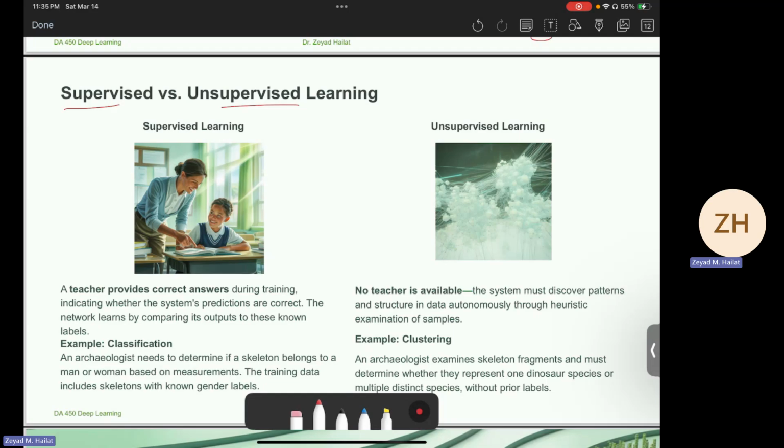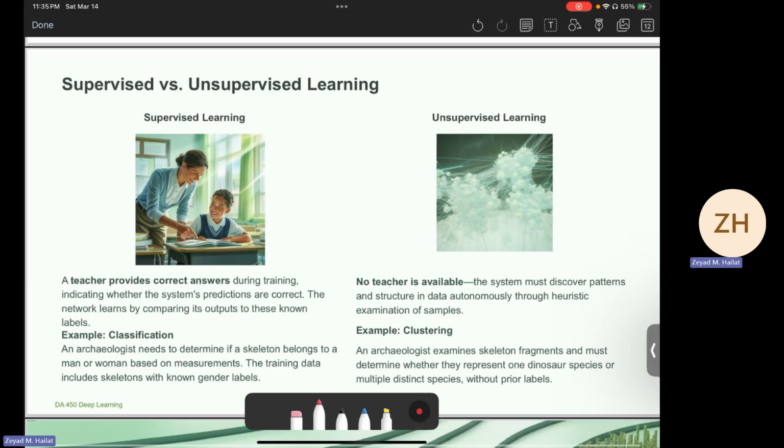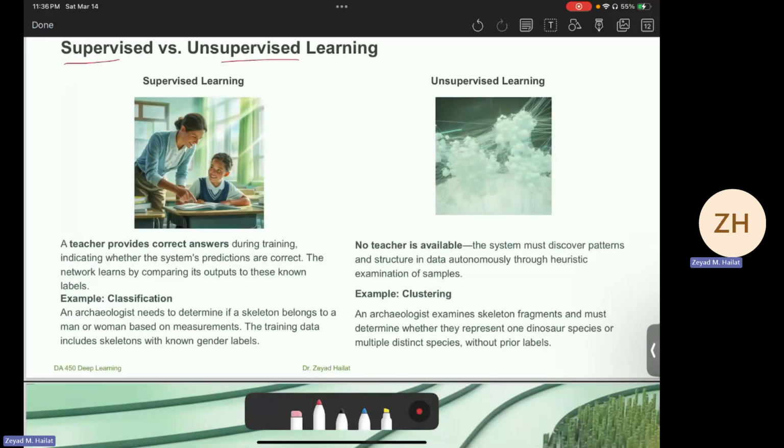So remember the different types of machine learning algorithms that we have learned in the previous chapter. In supervised learning, think about it like a teacher teaching their students and providing them with a reward when they learn something good. So in supervised learning, we are thinking about classification. In unsupervised learning, we are referring to clustering.